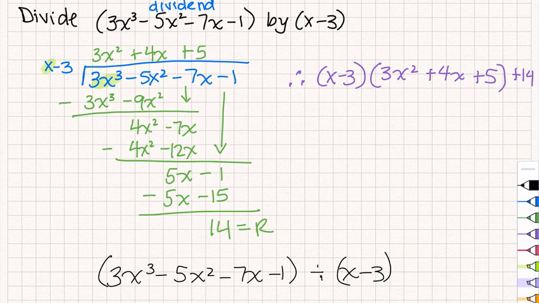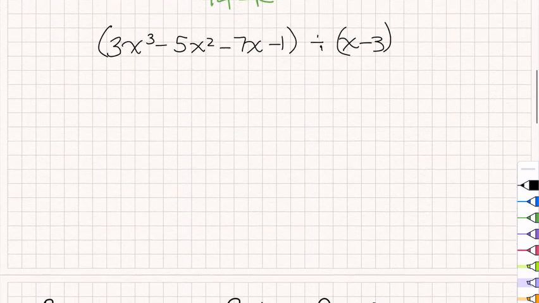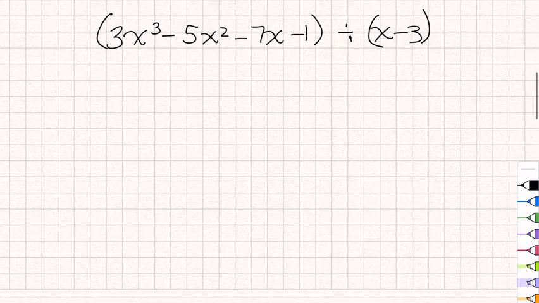Okay, so as I mentioned, we're going to try this question again using synthetic division. When we use synthetic division, we're going to follow the same steps every time, and we're going to use something called the ladder. So we're going to set up our ladder here, and our ladder is just this L shape.